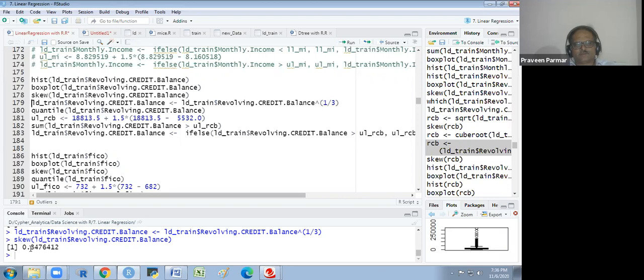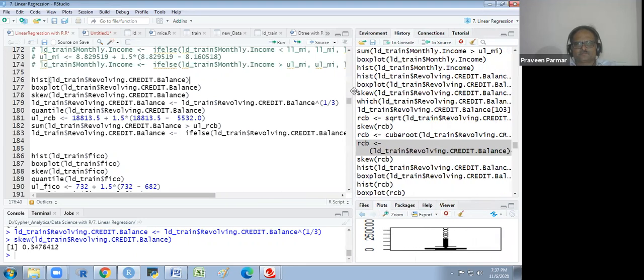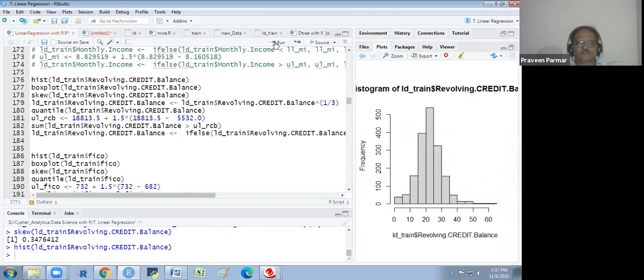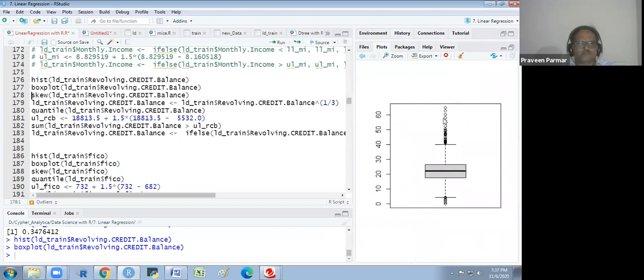Okay, it's now okay. And we see the histogram of this is like this, and the box plot, if we see, we are getting in this way.